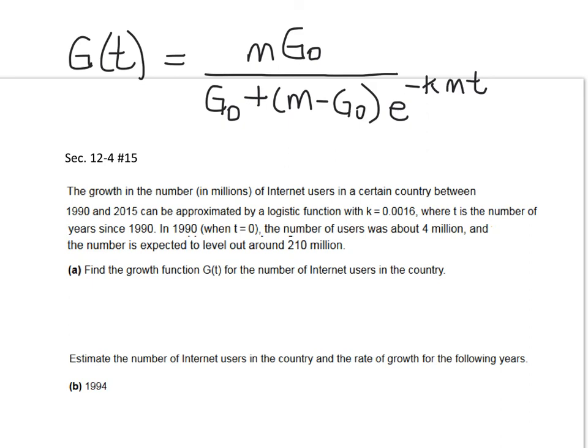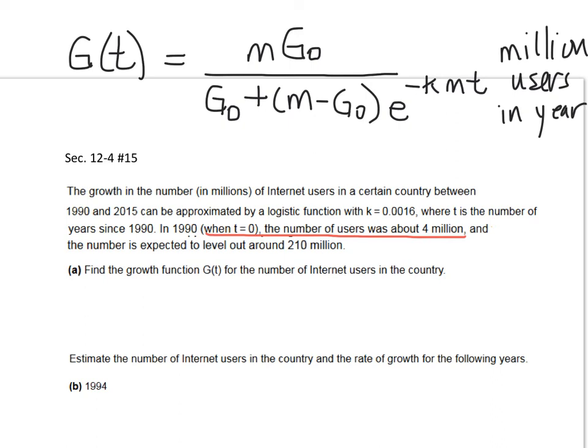It says when t equals 0, the number of users was about 4 million. And g of t is in million users in year t. So that means that g sub 0 is 4.